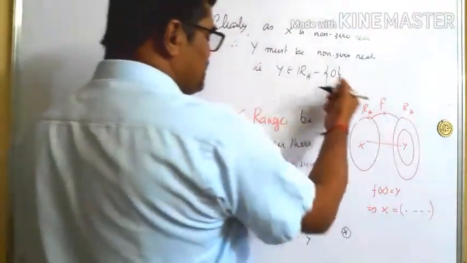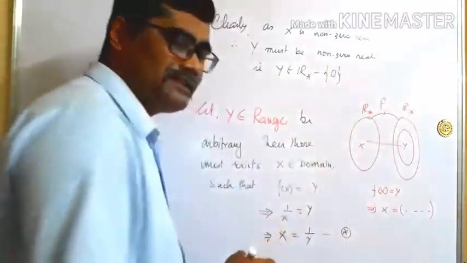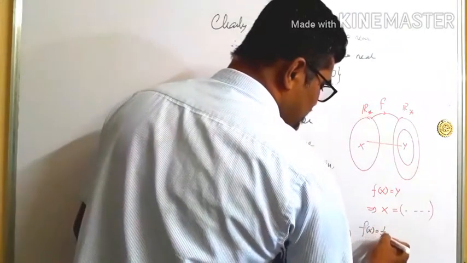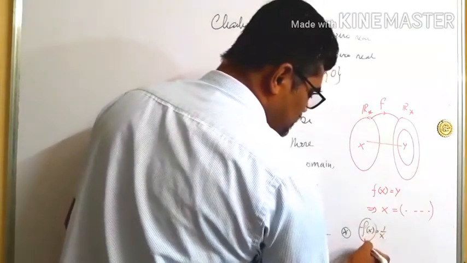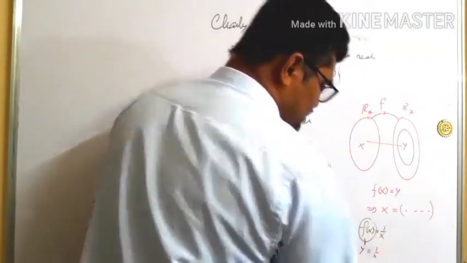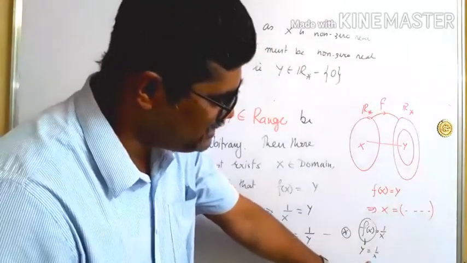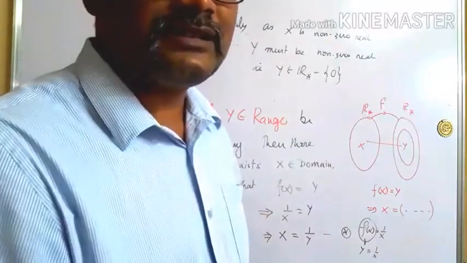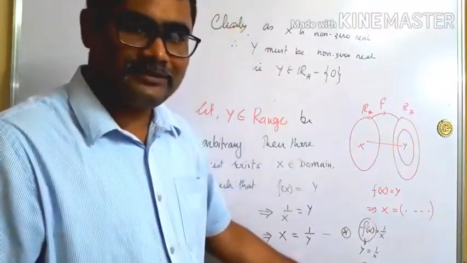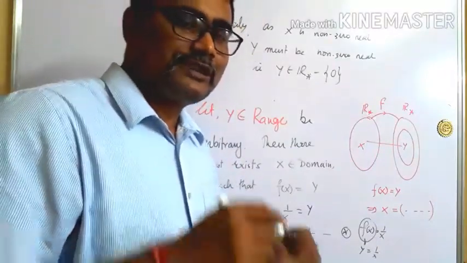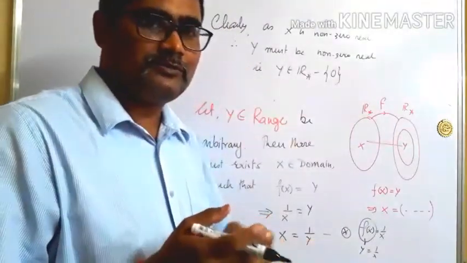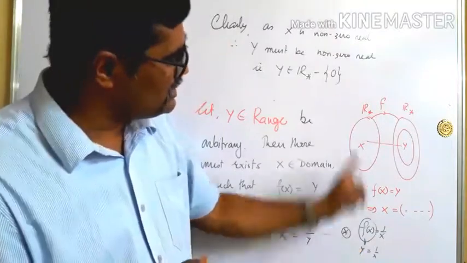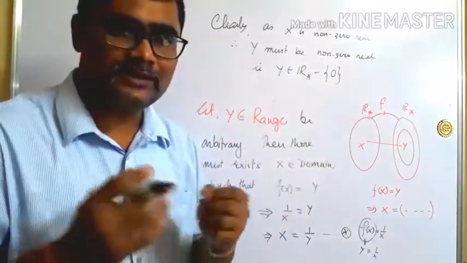Once I arrive at this, you go back to the original definition of the function, f of x equal to 1 by x, where f of x means y. Does y have any specific restrictions? There is nothing. Right at this moment you may not be able to observe it; when I take another problem, you will. Because of that, this itself will work as the range.